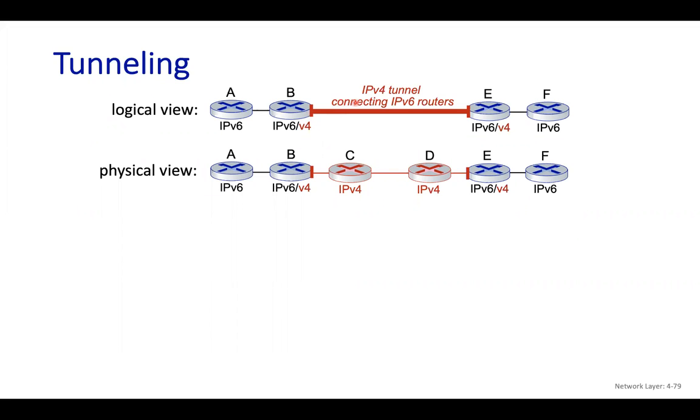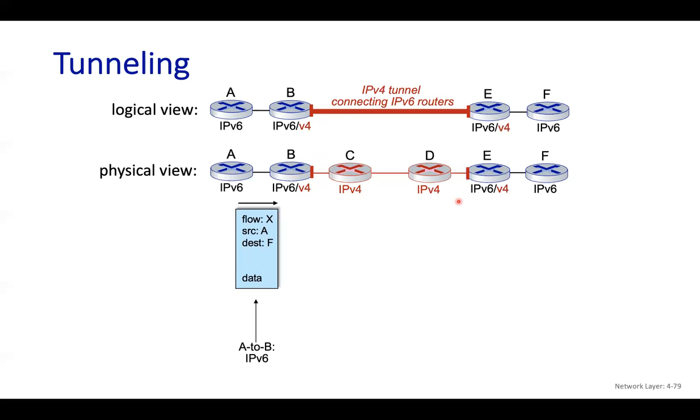You just connect using the IPv4 tunnel and send the datagrams to the next destination E. But from the physical view, actually we have some IPv4 routers here, okay? And IPv6 and IPv4 need to play an important role before it sends the datagram to the next destination. So let's see some detail here.